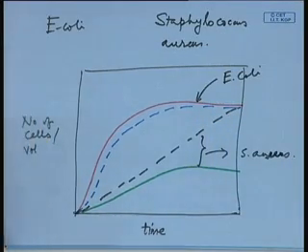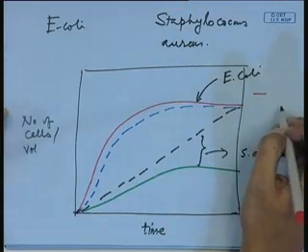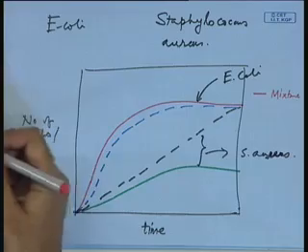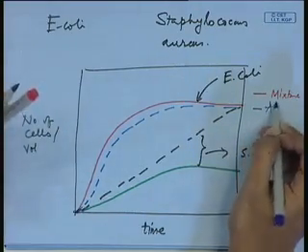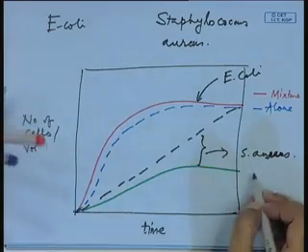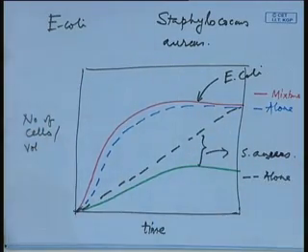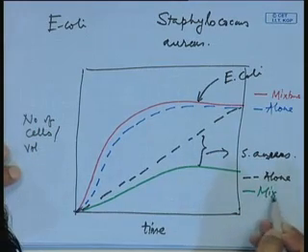The red line is for mixture, the blue line is for E. coli alone. Similarly, the black line is for Staphylococcus aureus alone, and the green line is for mixture.